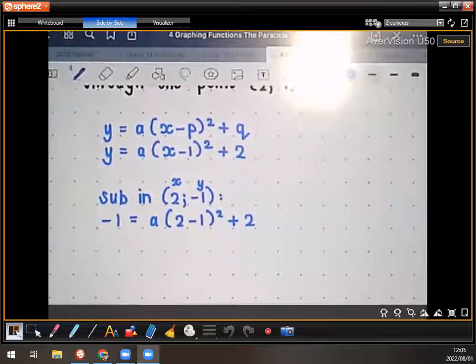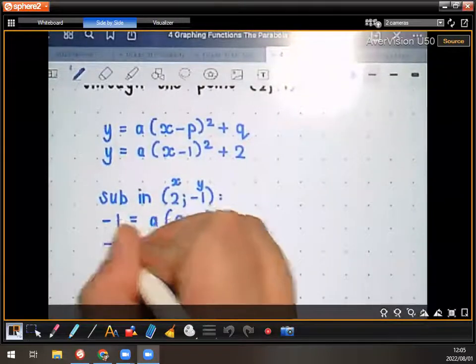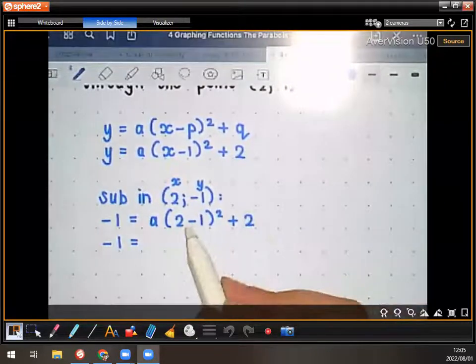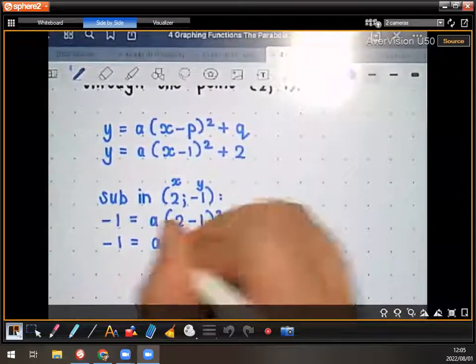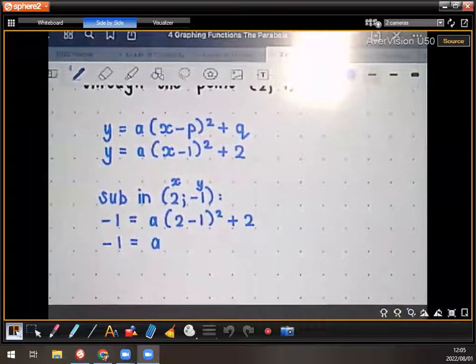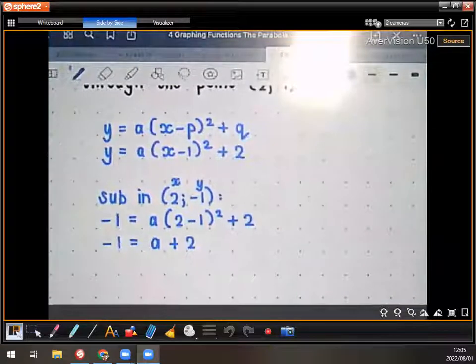You can put in a middle step of just calculating what this bracket is equal to. But you don't have to, but I'm just going to write that. What's 2 minus 1? 1. And then 1 squared is just 1. So a times 1 is just a. And then you have that plus 2 there on the other side.